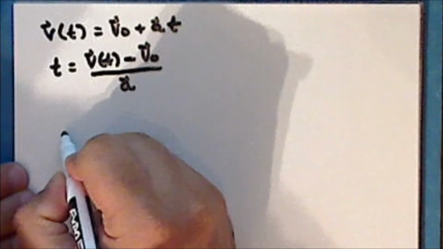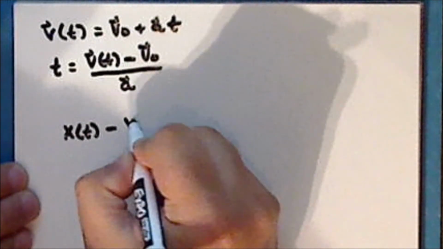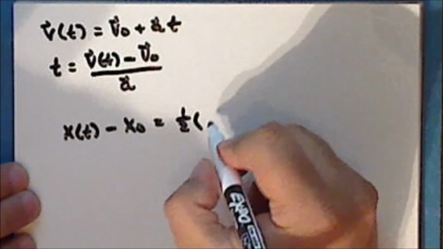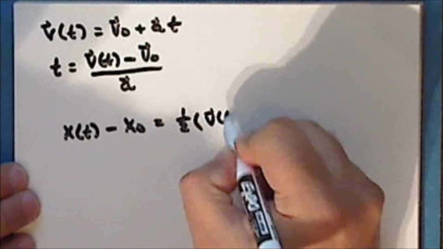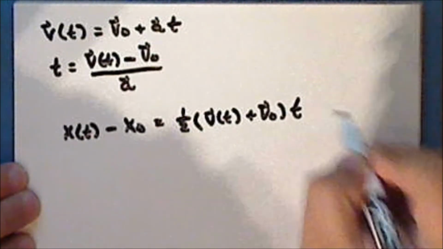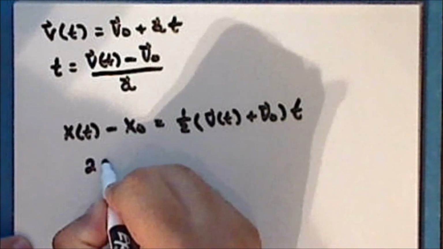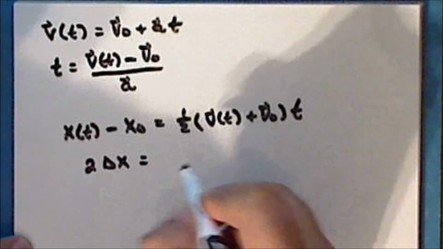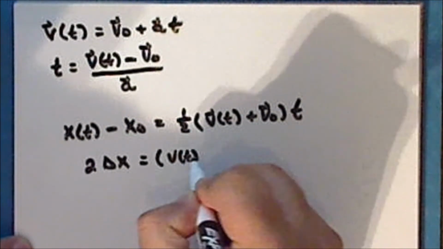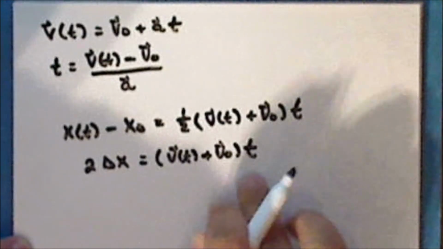Now in the second equation we have that the position at any given time t minus the initial position is equal to 1/2 the sum of the velocity at the time t plus the initial velocity times the time t. We can rewrite this equation as 2 times the displacement is equal to the sum, the velocity at any given time t plus the initial velocity, times the time t.